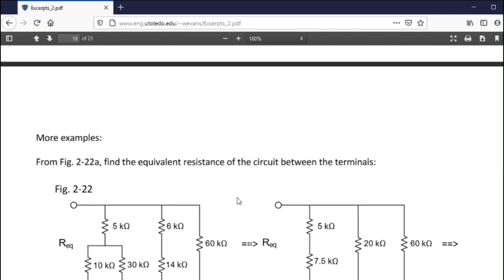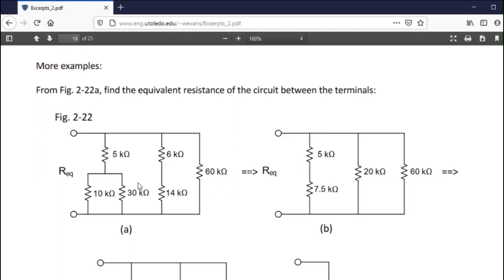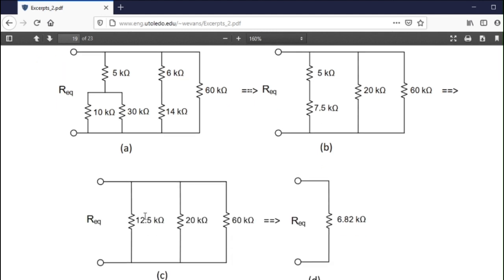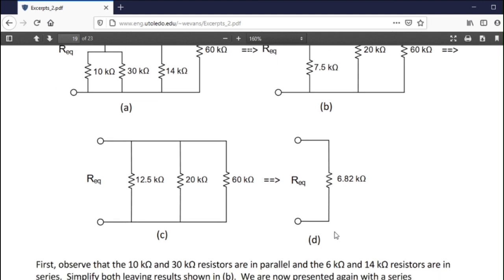Okay, here's more examples. How would you do this one? Well, here I would combine these two into one. That's 7.5K. Then I would add those together to 1. Then I would say that I've got a parallel combination. Use the reciprocal rule to find the results. So you have to redraw the circuit more than once, which is not a problem.